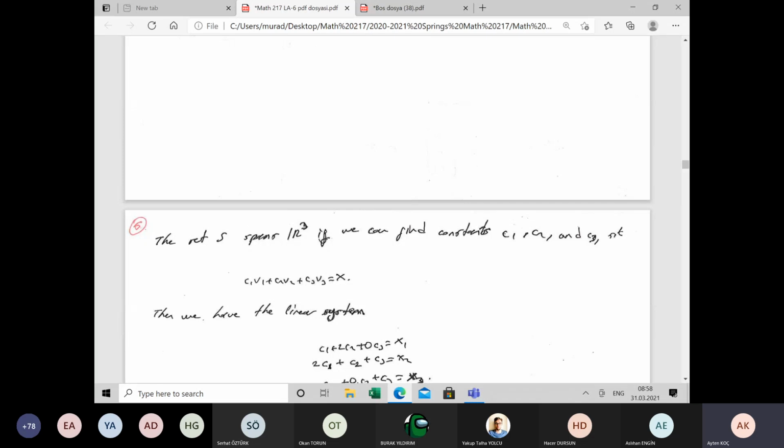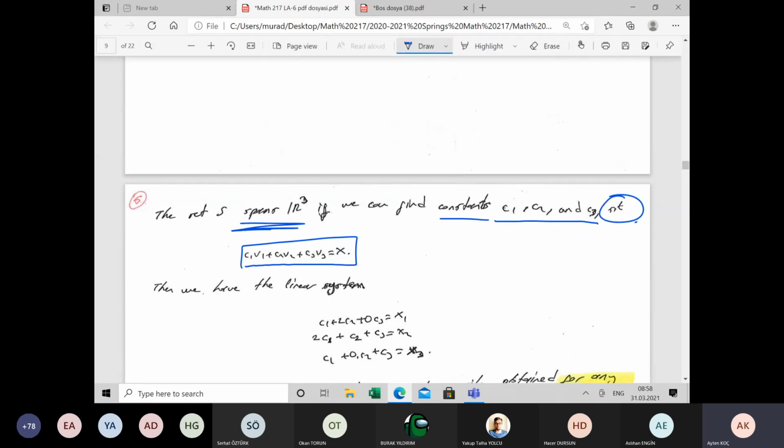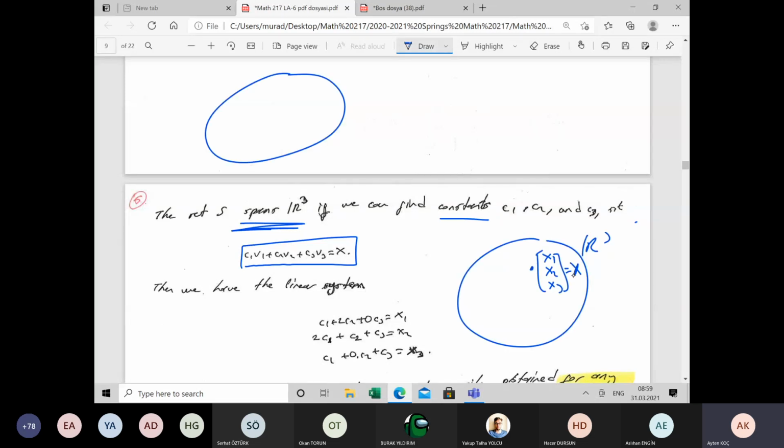This set S spans R cube if we can find constants C1, C2, C3 such that C1 V1 plus C2 V2 plus C3 V3 equals X. Here, X is our vector in the space R cube: take the arbitrary vector x1, x2, x3, denoted by x. So S is v1, v2, v3.